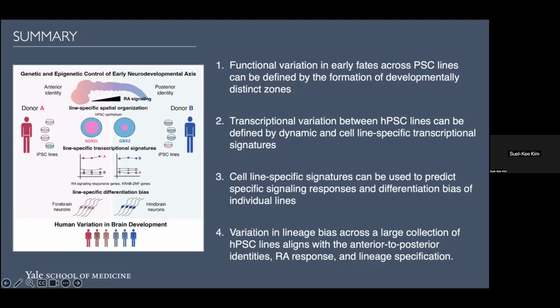We also demonstrated that cell line specific signatures can be used to predict specific signaling responses and differentiation bias of individual lines. And finally, we show variation in lineage bias across a large collection of pluripotent cell lines aligned with the anterior to posterior identity, retinoic acid response, and lineage specification.